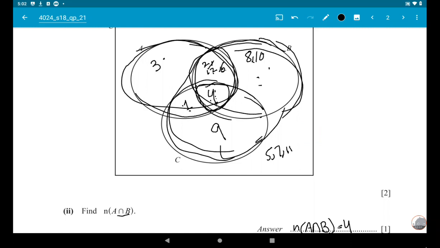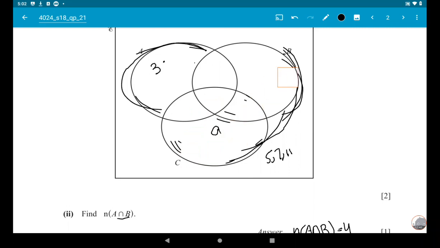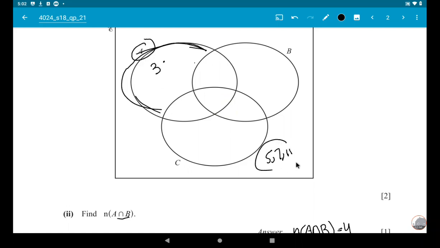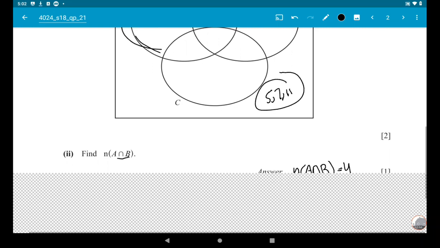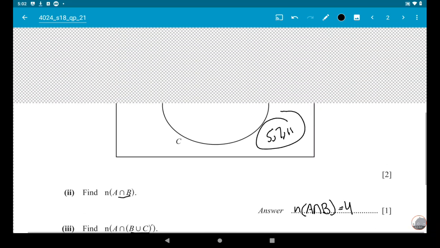Okay, and an intersection of this part, complement means removed, empty from the Venn diagram. Okay, I am removing all this. So the intersection between this A and the other part is only 1.